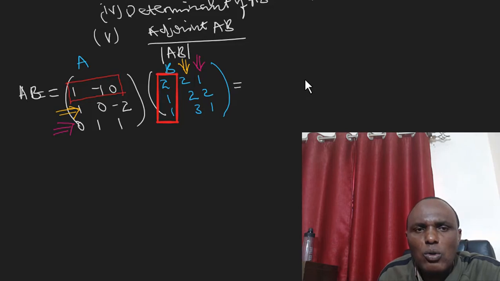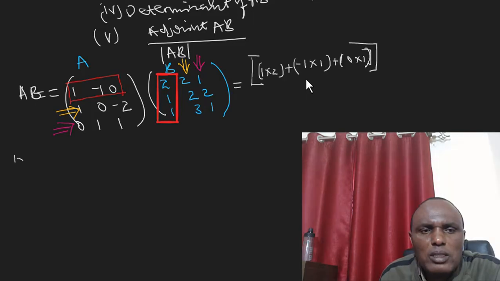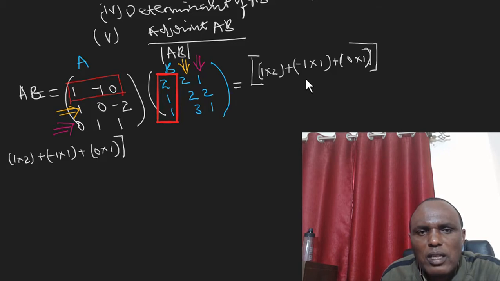So let us start multiplying a row of matrix A times the first column of matrix B. The first element is 1 times 2, we add -1 times 1, we add 0 times 1. That is the first element of the product matrix.